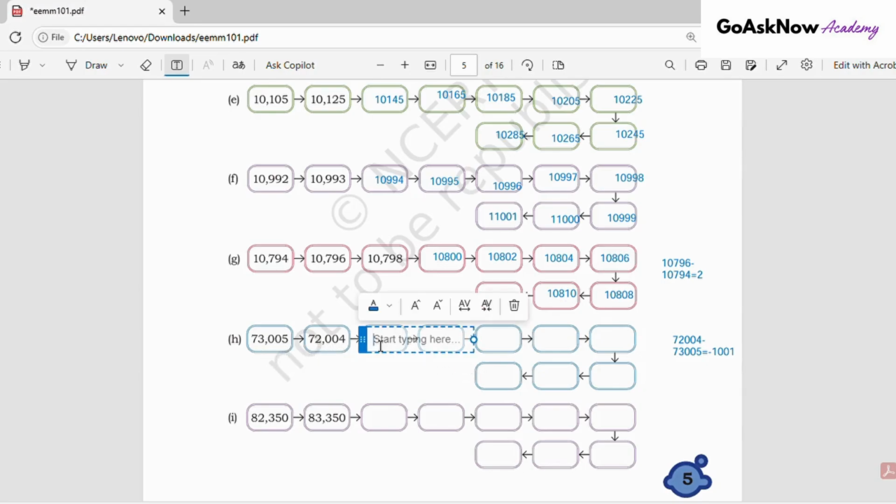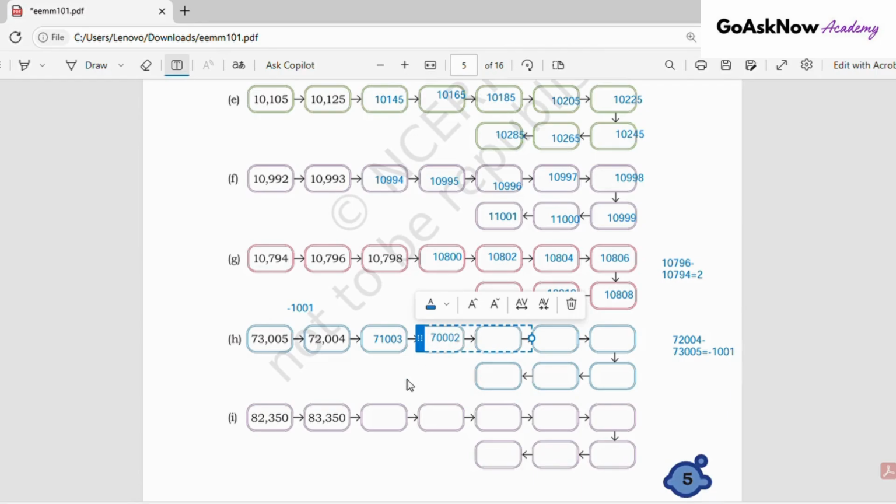Now 72,004 minus 1,001 equal to 71,003. By repeating this, taking the term minus 1,001, we are doing this sequence.